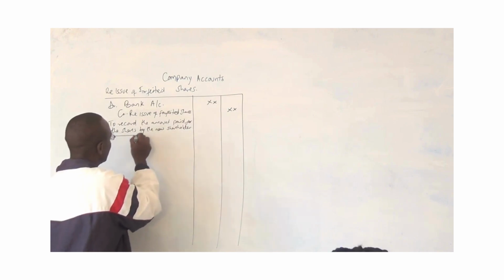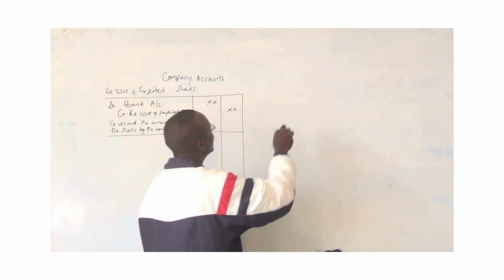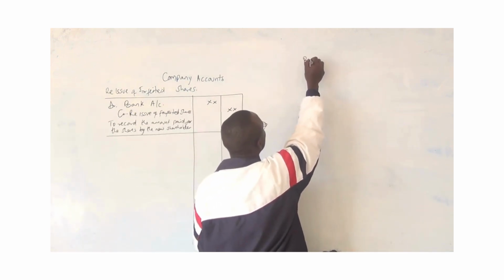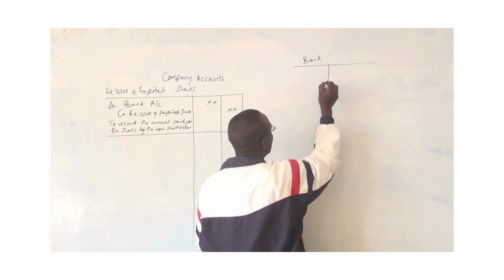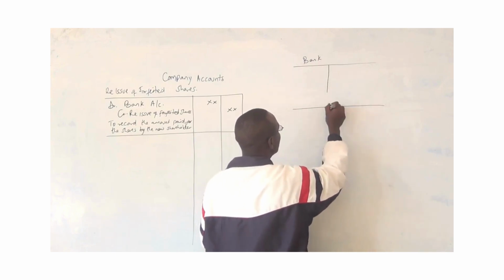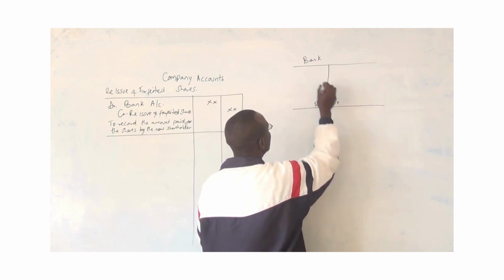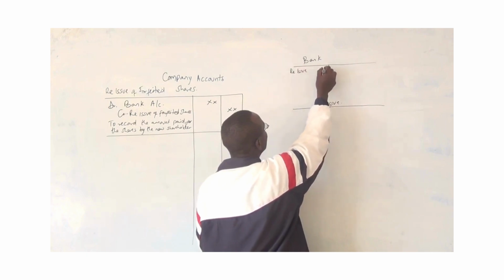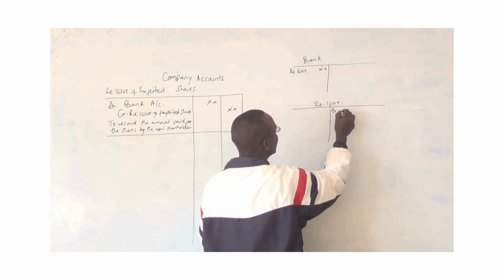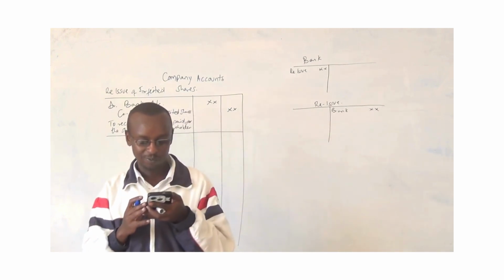So pesa yenye ameleta ni receive. Okay? So you will have a bank account. You will open a reissue account. So this is the reissue. Bank. Okay?